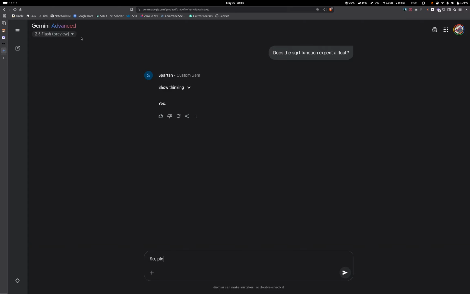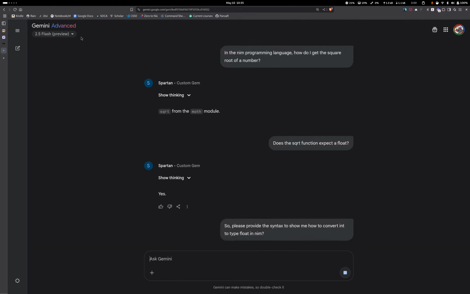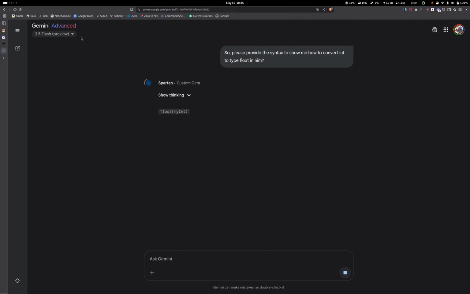Syntax, please provide the syntax to show me how to convert an int to type float in Nim. Float my int. Okay.